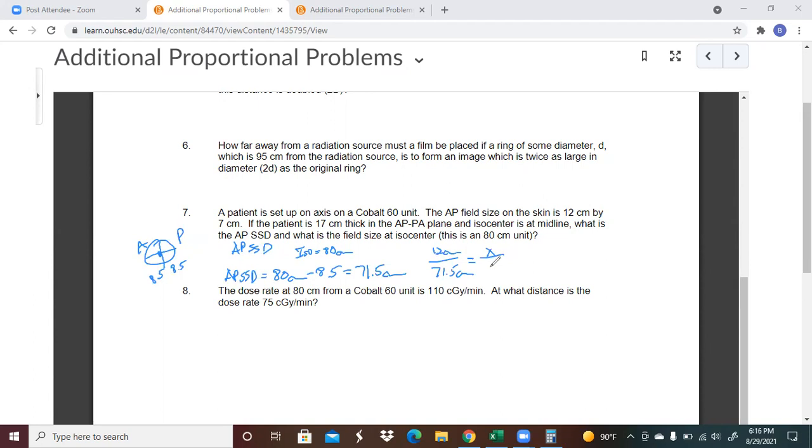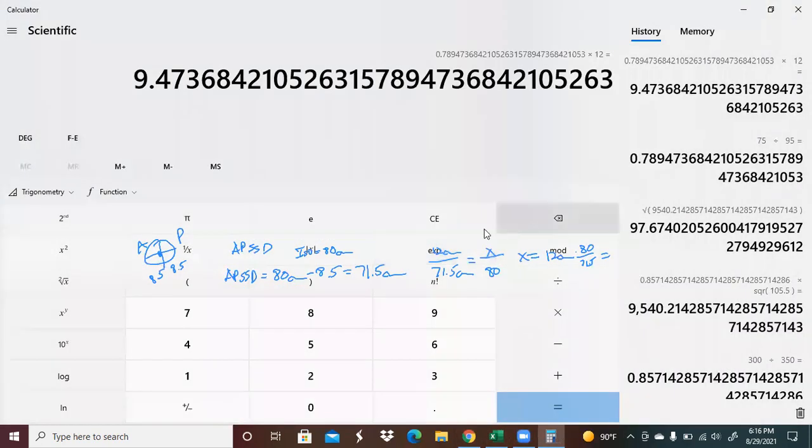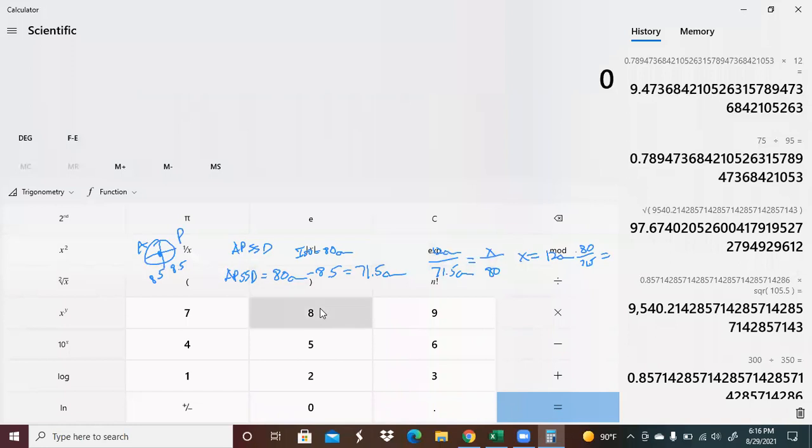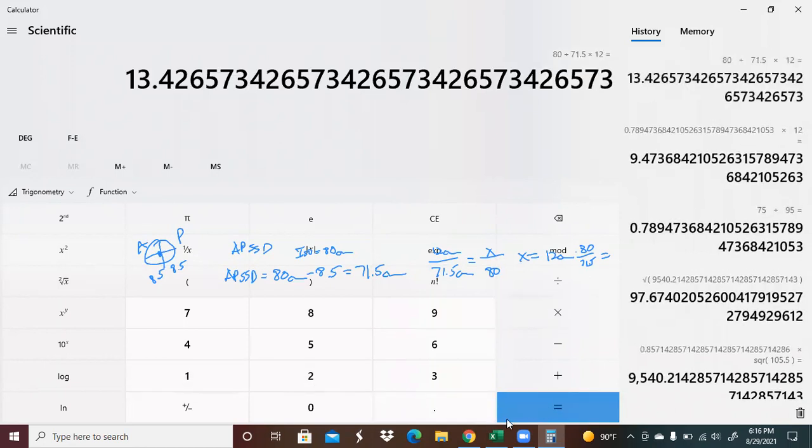I don't know what this is at 80, but if I do the proportions, what do I come up with? I got 13.42.